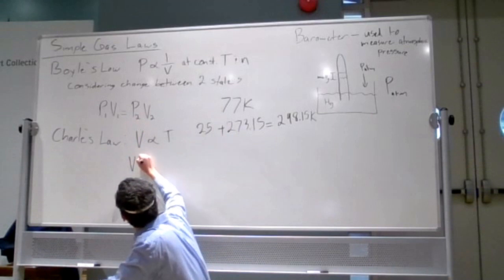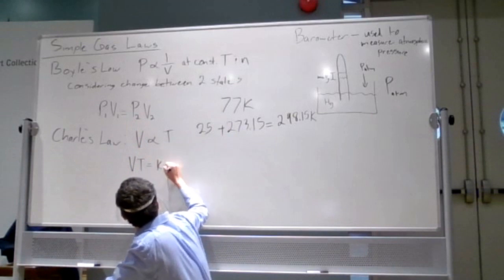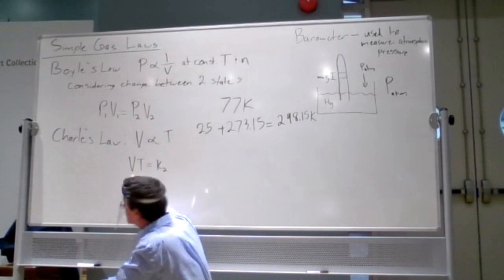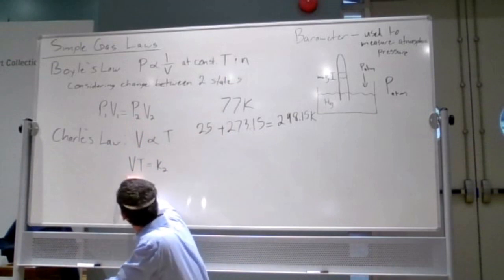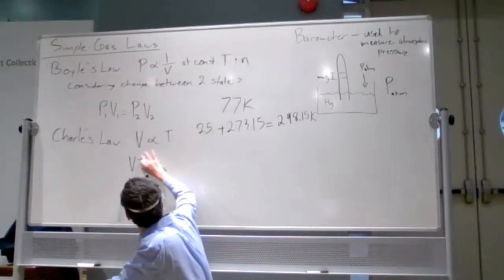So what this is showing is this is equal to a constant. We'll call it K2. So let's say I want to change between two states. I have V1, T1, what's that going to be equal to? Oh, actually, no, this is incorrect.